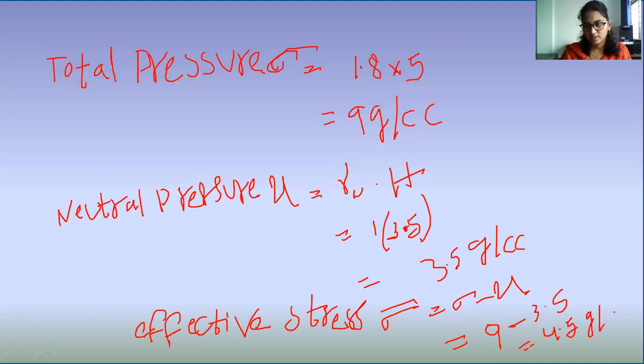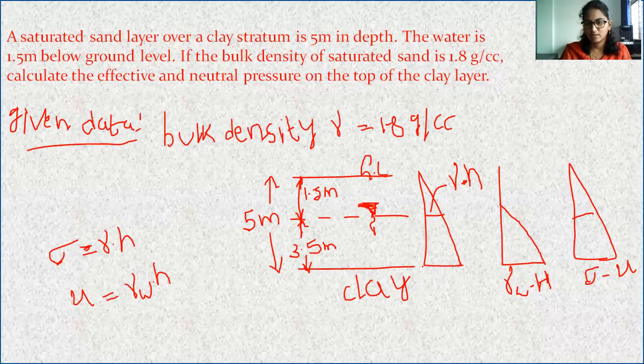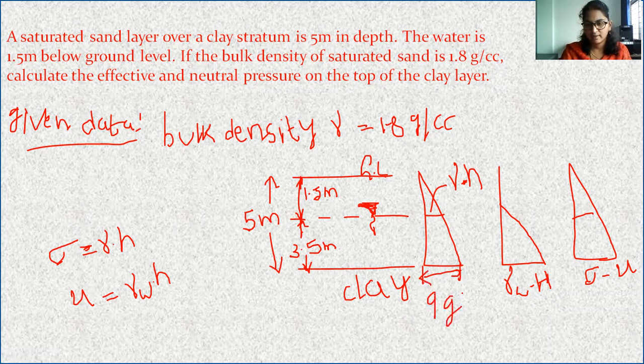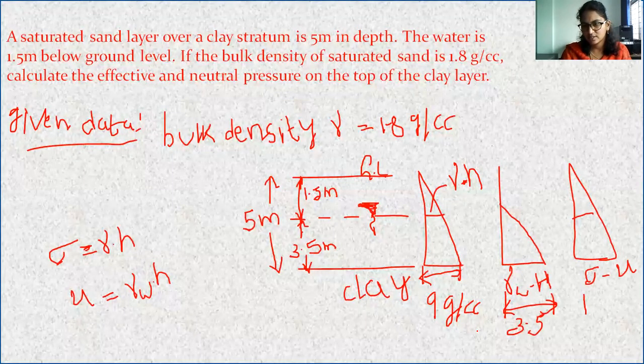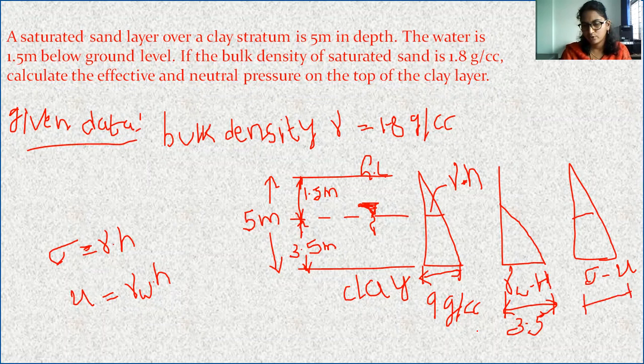Substitute these values in the graph. Total stress is 9 gram per cc, neutral stress is 3.5, and effective stress is equal to 4.5 gram per cc.